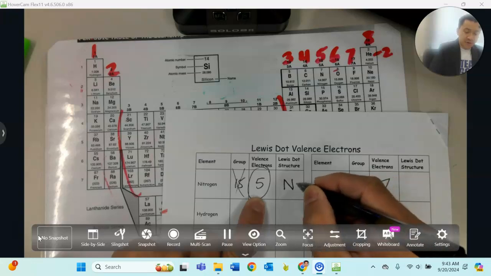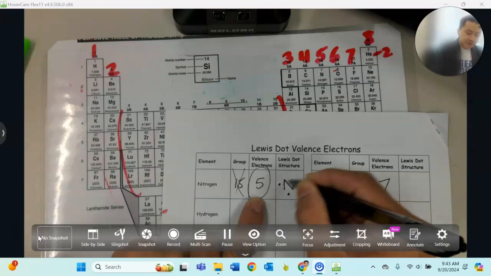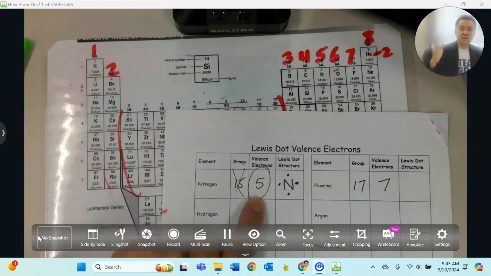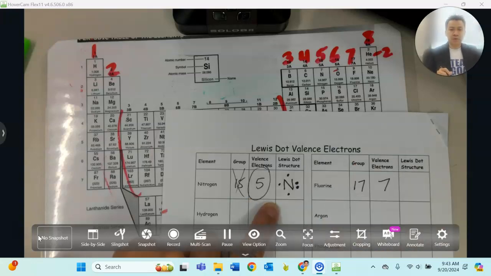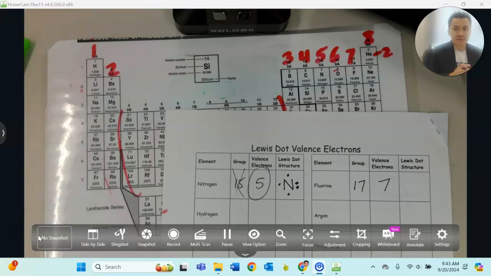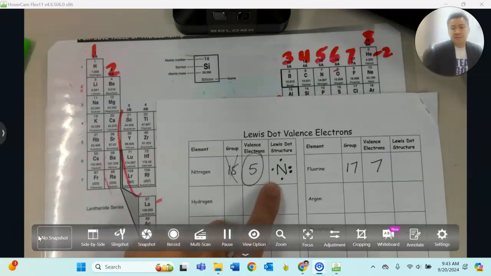I typically start on the right and go 1 dot, 2 dots, 3 dots. You don't pair them until you get to the 5th one, most of the time, and I'll show you an exception in a little bit. That's it: 5 dots around the nitrogen to show the 5 valence electrons.